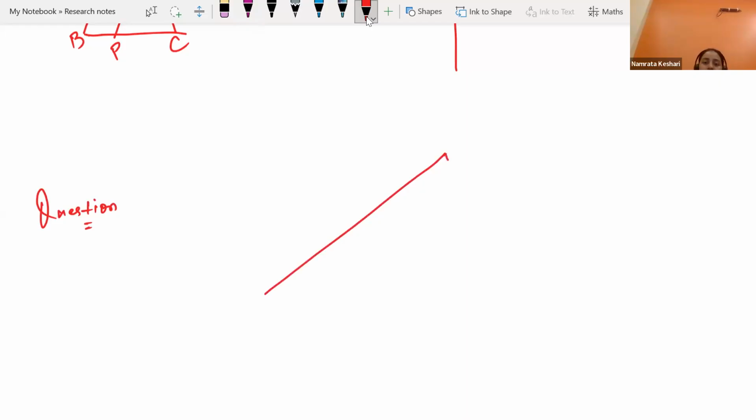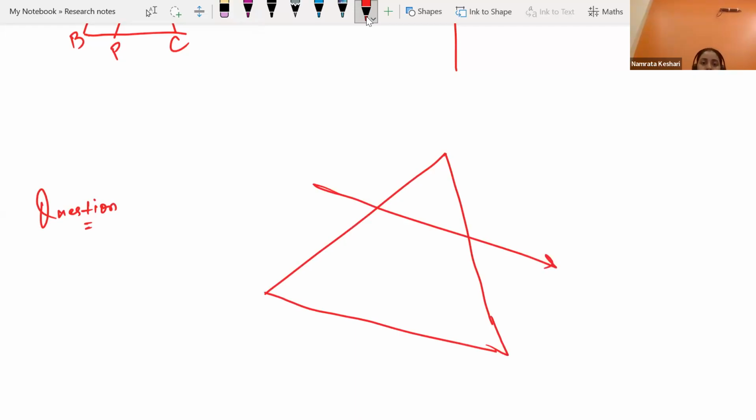Suppose we have a triangle. Here it's given that DE is parallel to BC.